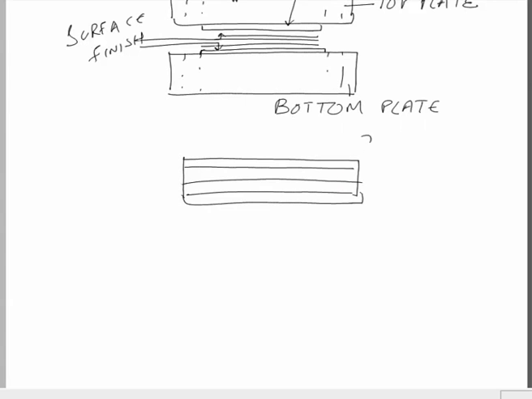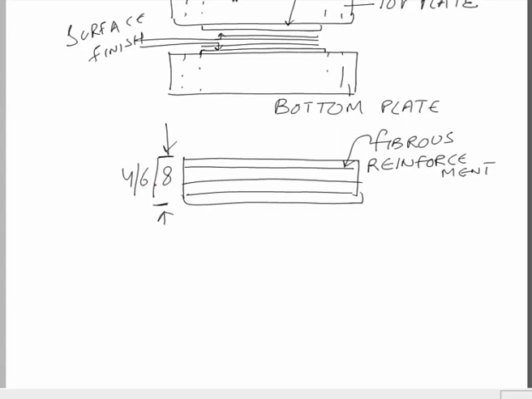So, these lines represent the fibrous reinforcement. These layers are the fibrous reinforcement and we have alternate layers. Now, depending upon the types of layers we will have different layered composites. We can have 4 layers, 6 layers, or 8 layers.